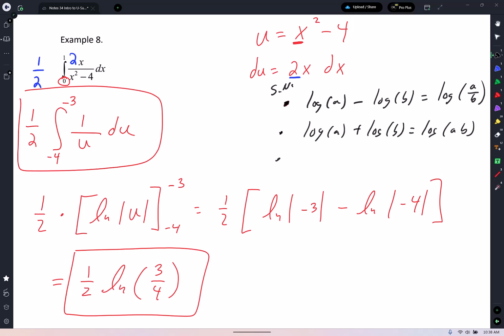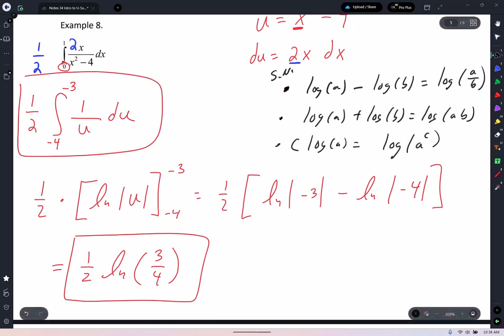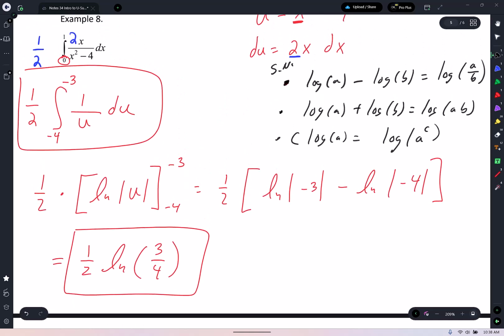And then C log A is equal to log A to the power C.